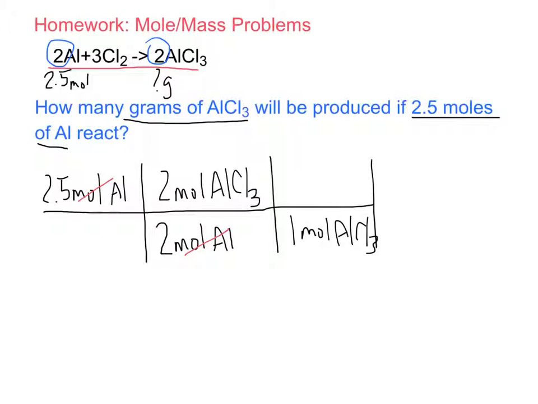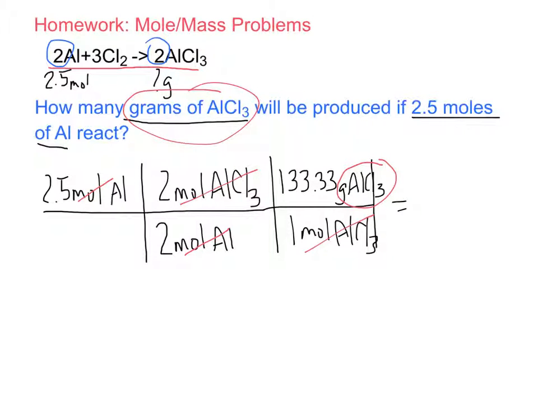You should have ended up with 133.33 grams of AlCl3. Now if we look at this, our moles of AlCl3 have now canceled out, and we are left with grams of AlCl3, which is what we want in the question.